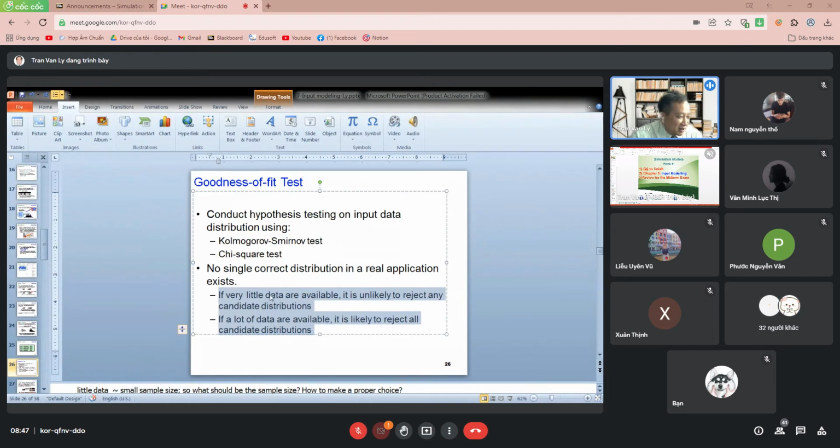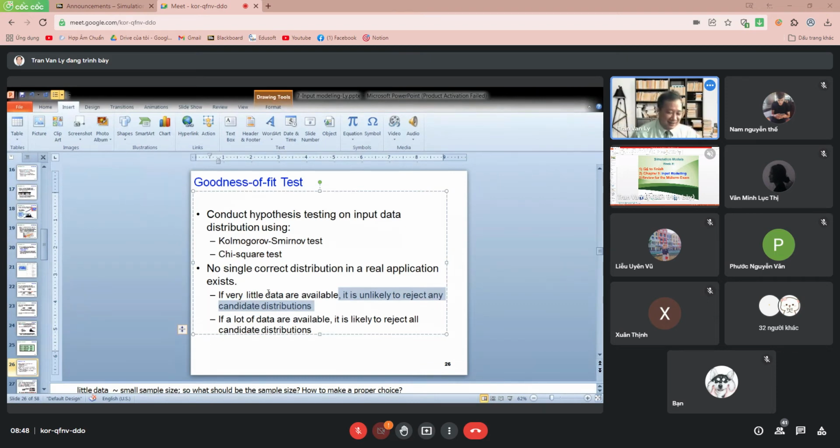If very little data is available, it's likely to reject all candidates. You see, if you have little data, you tend to keep all distributions, so it's very hard for you to reject.